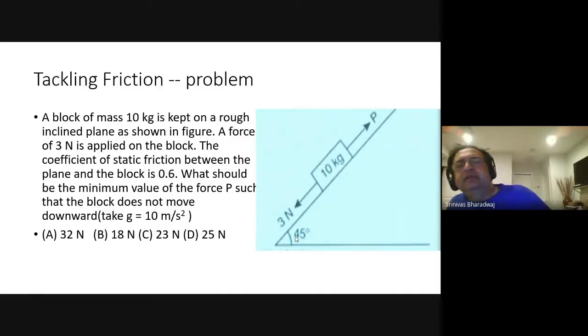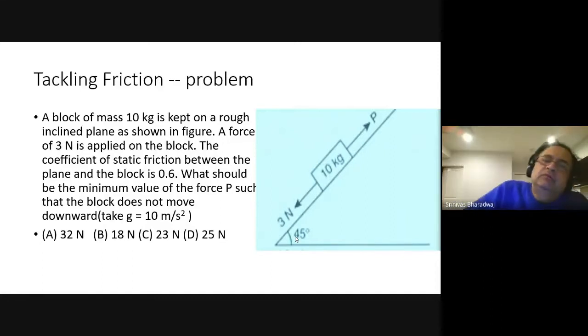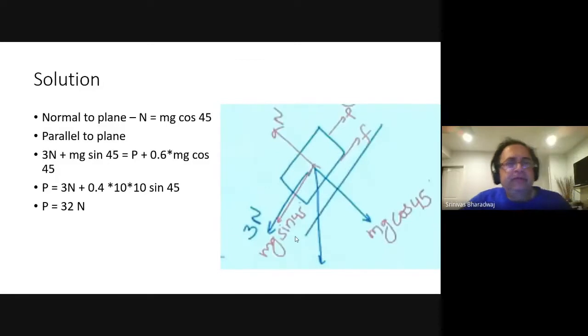N is what? N is mg cos 45. So 0.6 times mg cos 45, right? So P plus that will equal 3 plus mg sin 45. Now using that equation, you solve and you end up with P, 32 newtons.